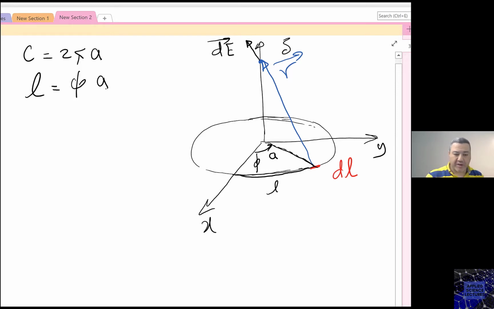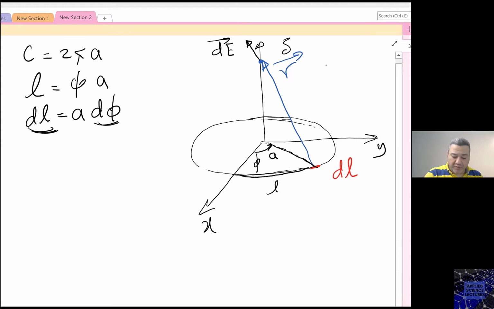Now if I differentiate with respect to phi, a is constant, I get dl equals a d phi. So this is my dl in terms of the variable.